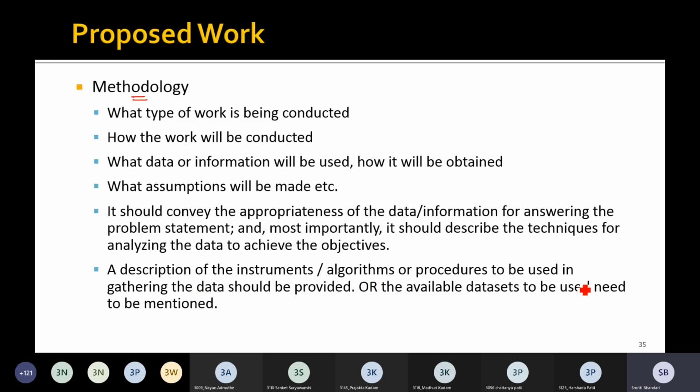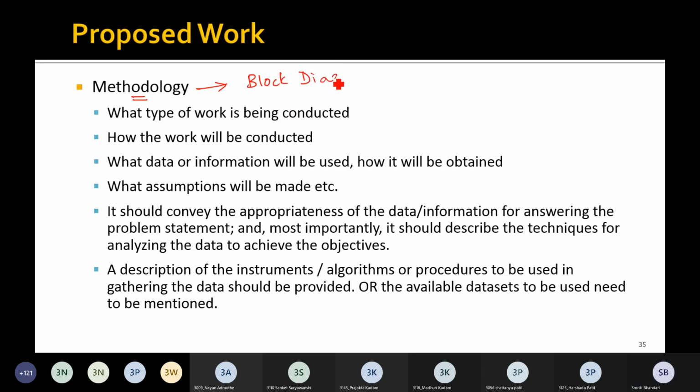A description of the instruments, algorithms or procedures to be used in gathering the data should also be provided. The algorithms we are going to implement to come up with the solution also need to be described. The available data sets to be used need to be mentioned.